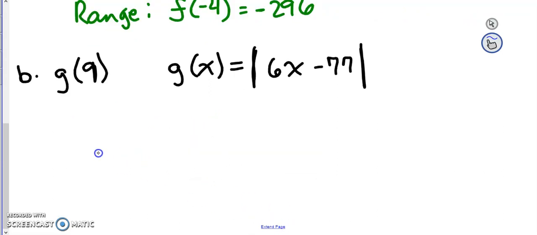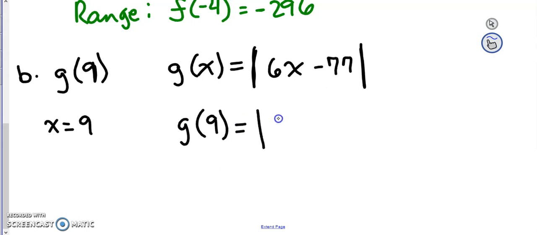And with this problem, we already know what we're going to do. We're going to substitute 9 into the function for x. So we know x equals 9 here. Whatever we see the x, put the 9 in that spot. And then we're going to evaluate it. All right. And so here we get 54, minus 77.